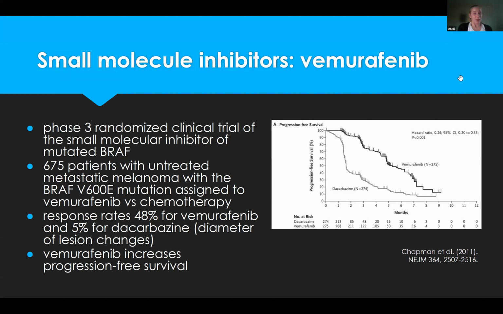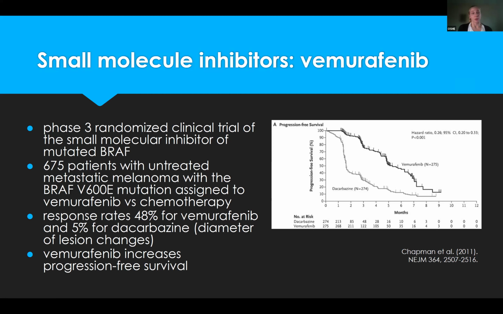Another one I've included because we have already talked about BRAF and the V600E mutation when we were talking about zebrafish melanoma. And this is just to show some success of an inhibitor of this mutated version of BRAF. This is actually from a phase 3 trial.